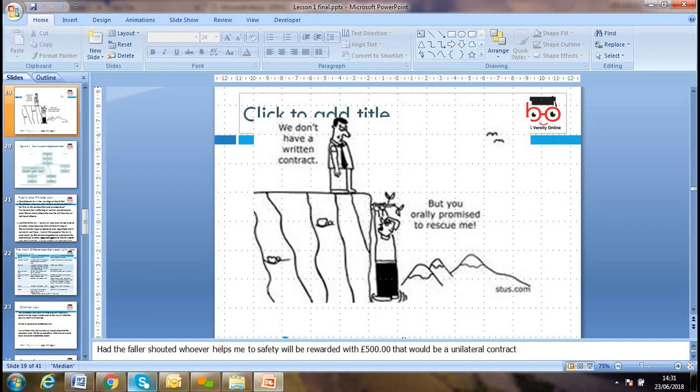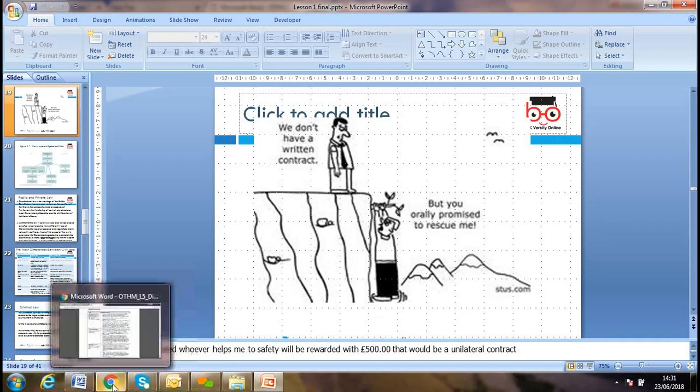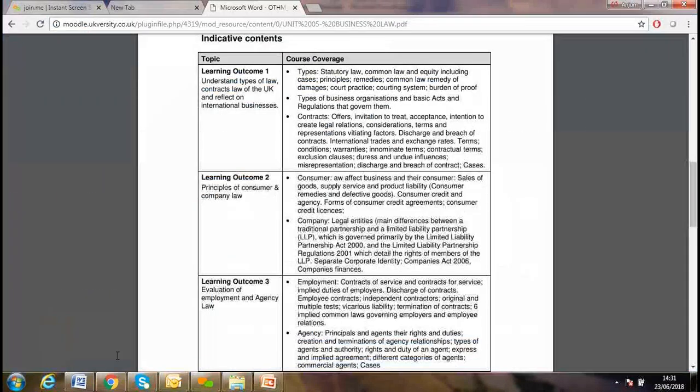Okay, next we are looking at an element which we are going to discuss. That's contract, offer, acceptance. Have we heard about invitation to treat?